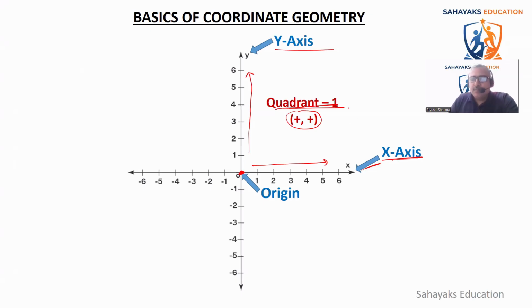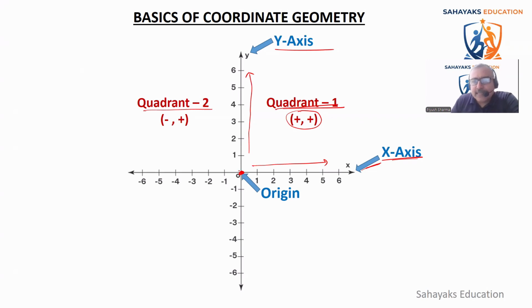So please remember, sometimes they ask which quadrant is this, out of the 4 quadrants. So you should know that positive, positive is the first quadrant. You'll remember it because positive is something which everybody wants. Then comes the second quadrant, which is minus, plus.